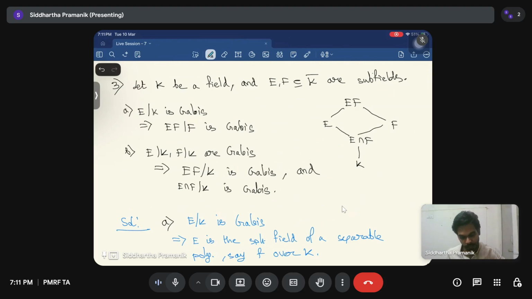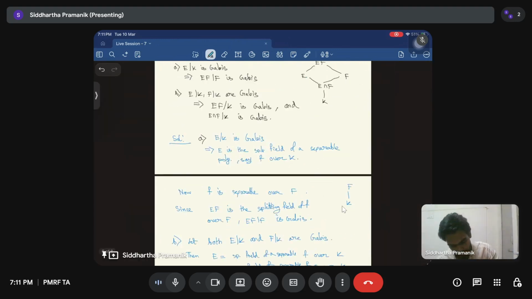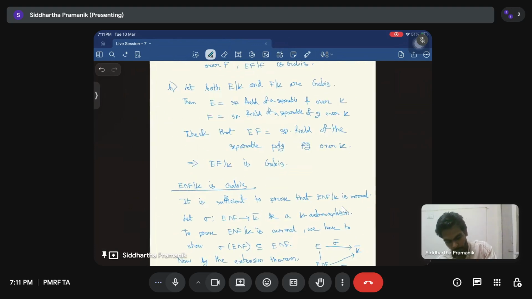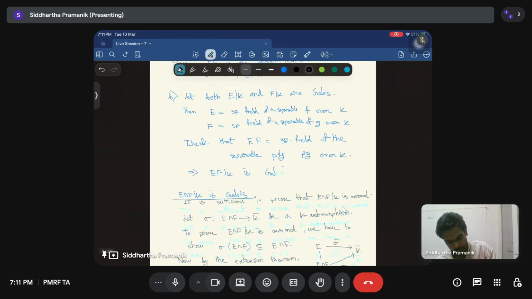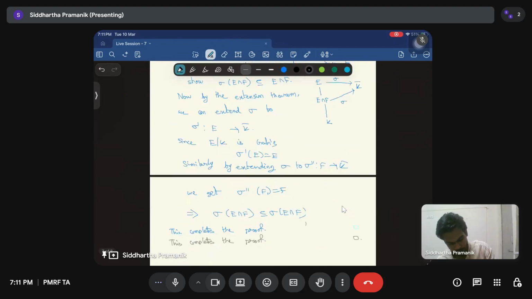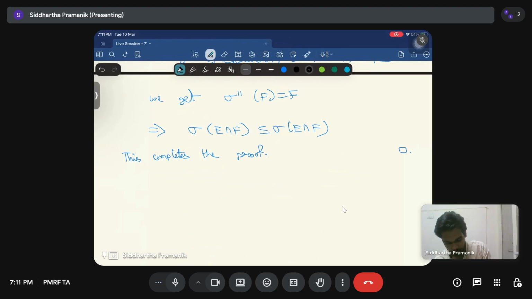Okay, as these are Galois, maybe we can talk about the Galois groups also. So this is problem number 4. Again we are in the same setup.